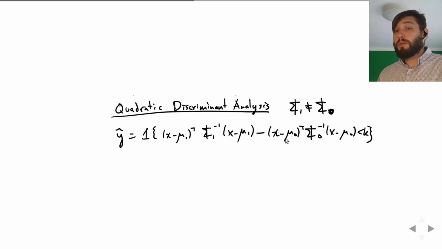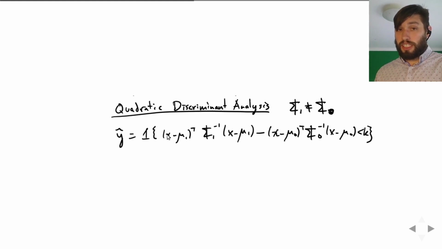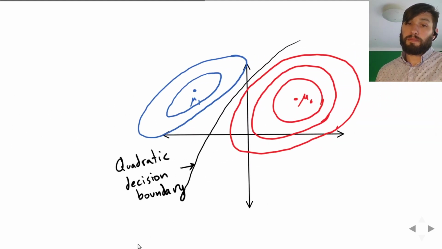But now we won't be able to do all the same cancellations. The first term is going to be x transpose sigma 1 inverse times x, minus x transpose sigma 0 inverse times x. These are different, so they don't cancel out anymore. You still have the constant term at the end, and the constant term could get absorbed into the kappa.